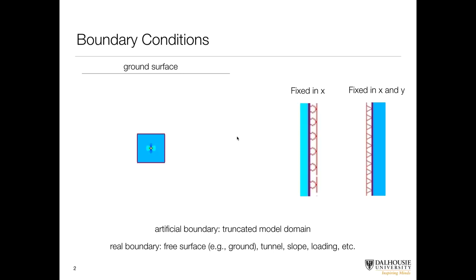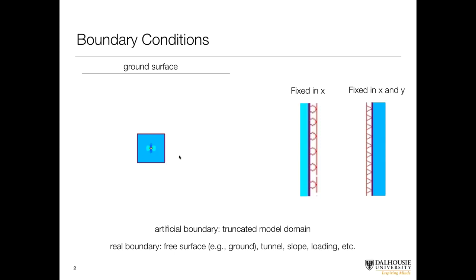So here's an example here of the ground surface. And in this case, we're just looking at simulating a circular tunnel. And you can see we just truncate the earth or the ground to get a model domain that is of suitable size for the simulation.